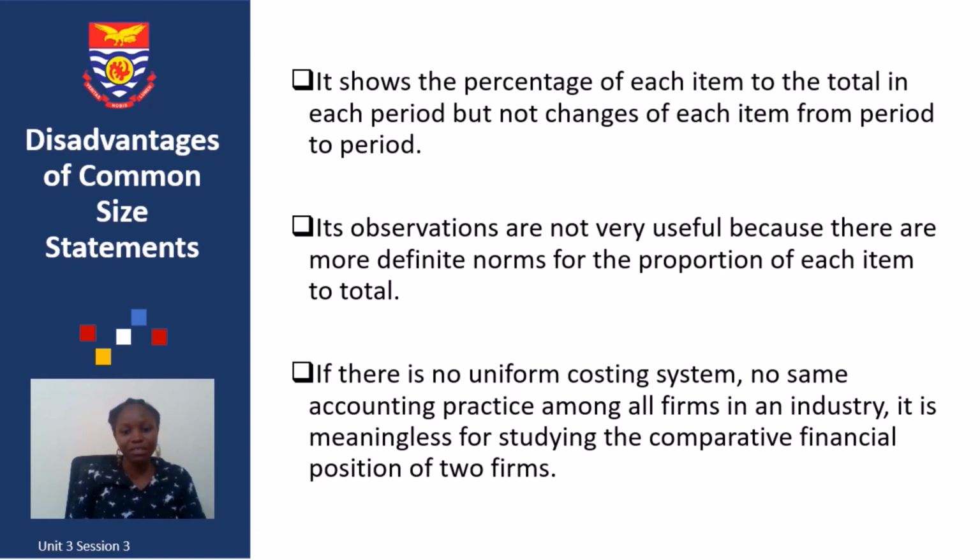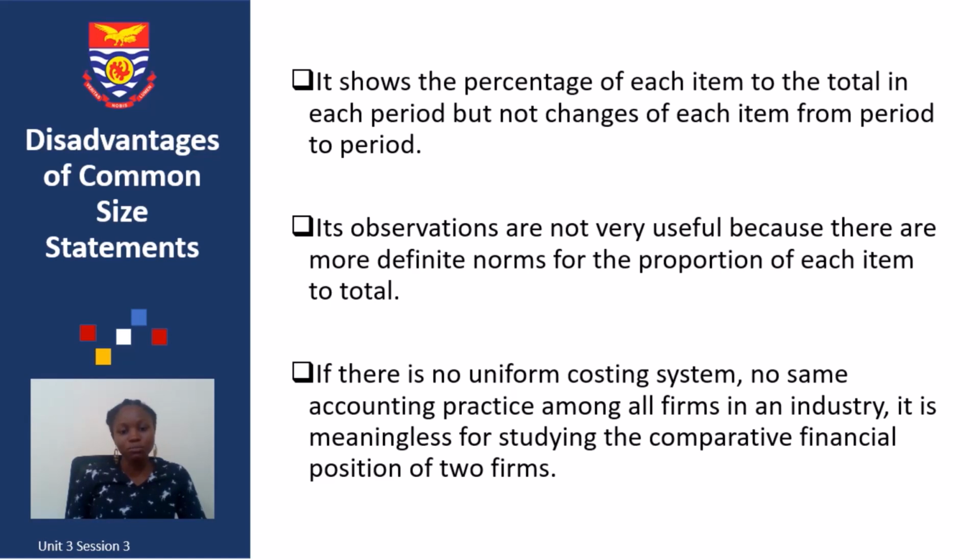Also, observations made using common size statements may not always be useful because there's the possibility that there are more definite norms for the proportion of each item to the total. And in situations where there is no uniform costing system or the same accounting practice is not used by all firms in the industry, it would be meaningless to compare the positions of two firms.